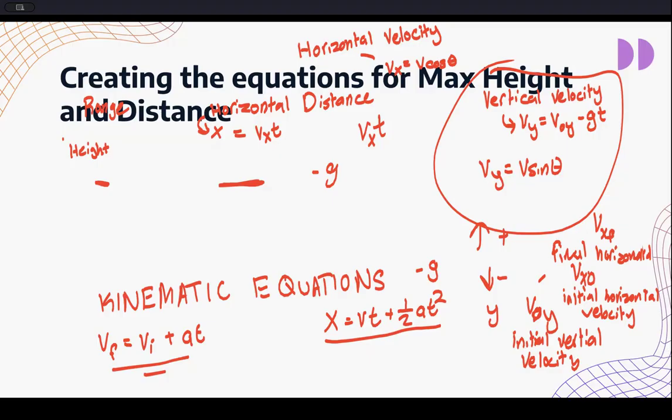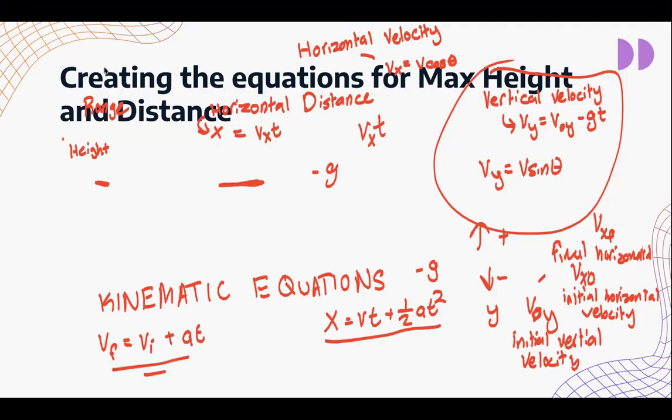Basically, max height and max distance are the farthest an object can go in terms of the vertical and the horizontal component. Lucas, do you have a better way to explain this? He was asking what we mean by max height and max distance.